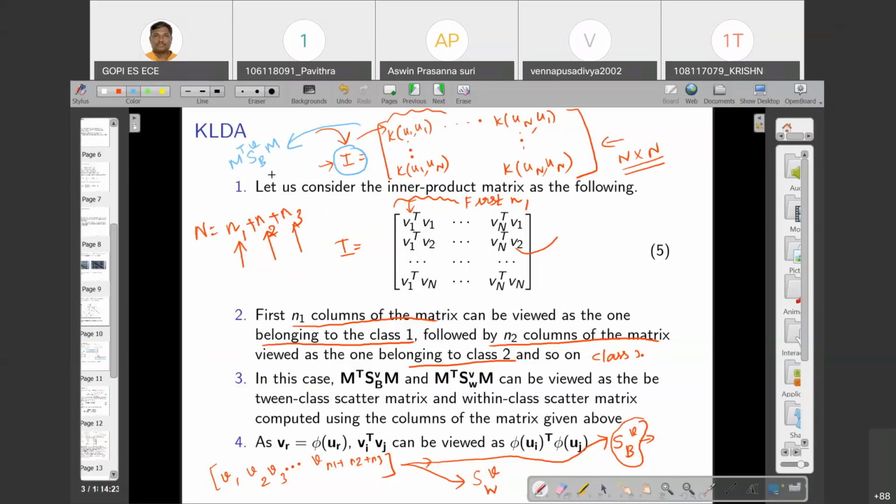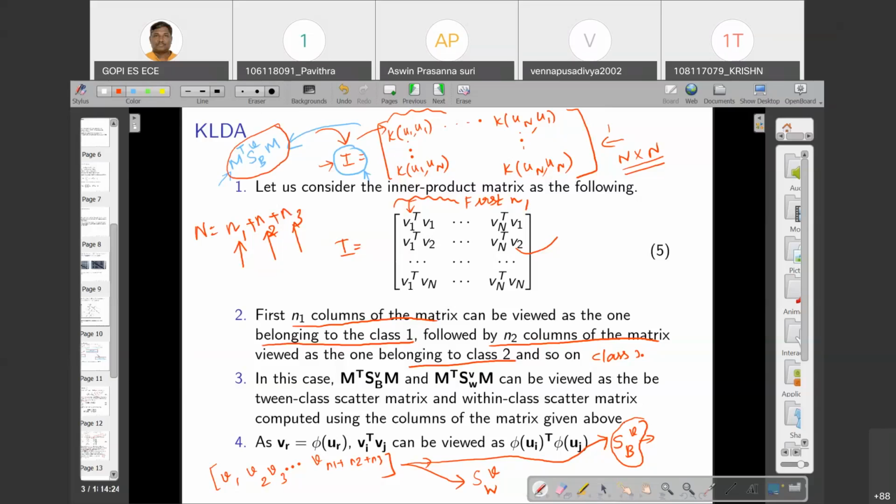Remember that we are not computing SB. Instead, we can do this by computing the between class scatter matrix using the matrix I itself.